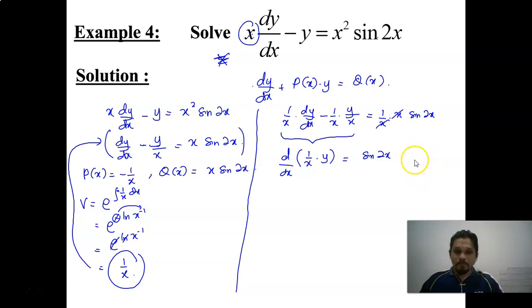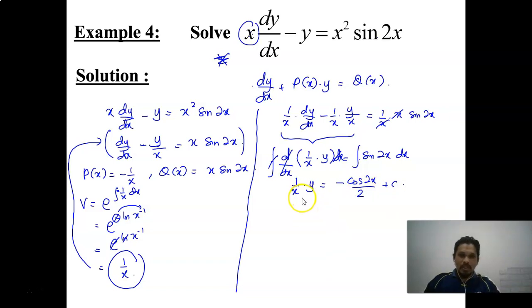Okay, so now integrate left and right. Between integration and differentiation, they cancel each other here. So 1 over x times y equal to the integral of sine 2x dx. Integrating sine gives negative cos 2x divided by the derivative of 2x, which is 2, plus c.